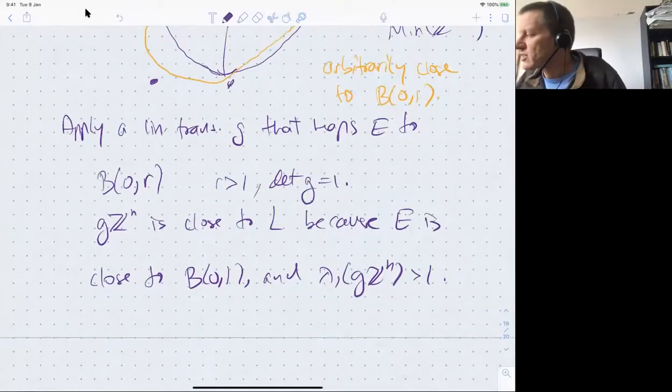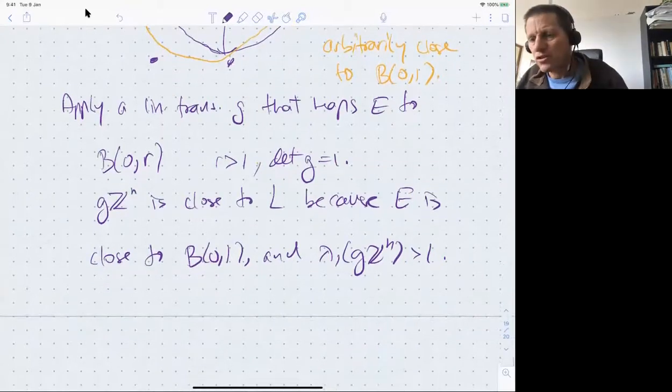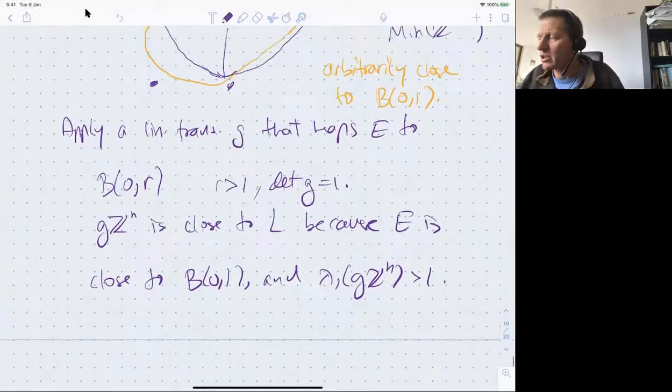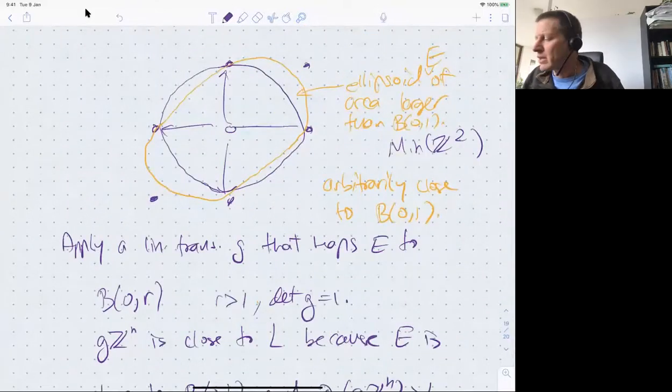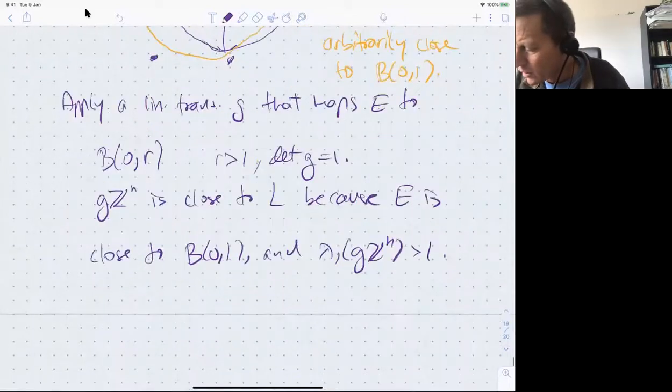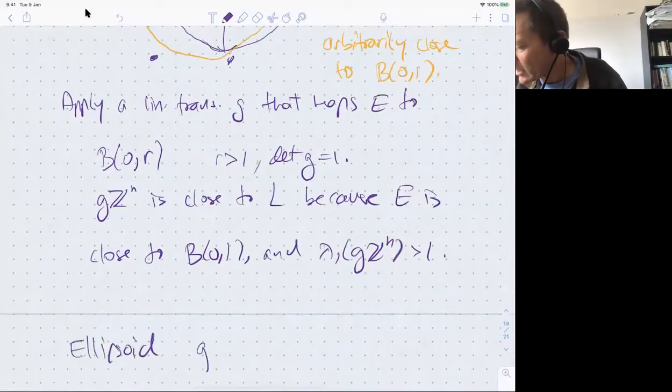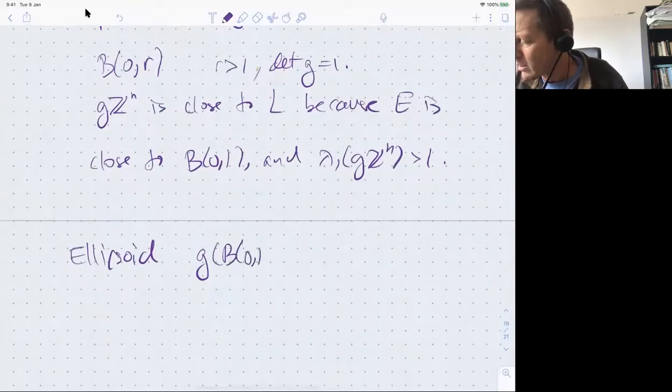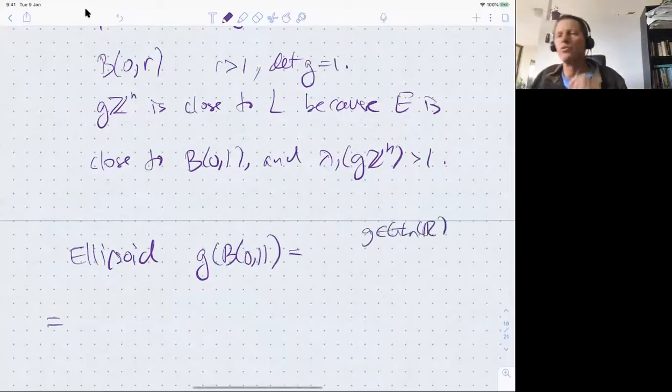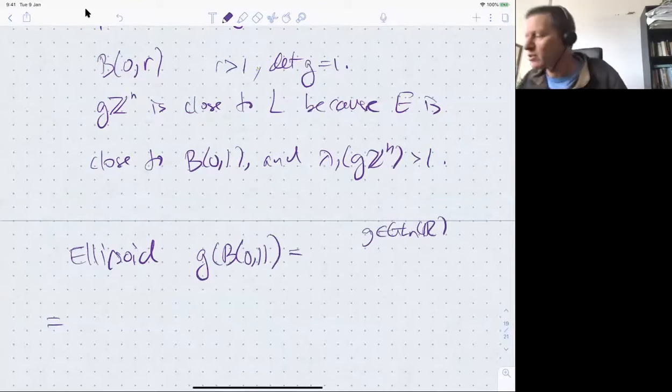So linear transformations act transitively. The connection to symmetric matrices is through this picture. Linear transformations act on ellipsoids transitively, and the ellipsoids are given by quadratic forms. I'm trying to explain just the intuition of why we see symmetric matrices and positive definite symmetric matrices appearing in our discussion.